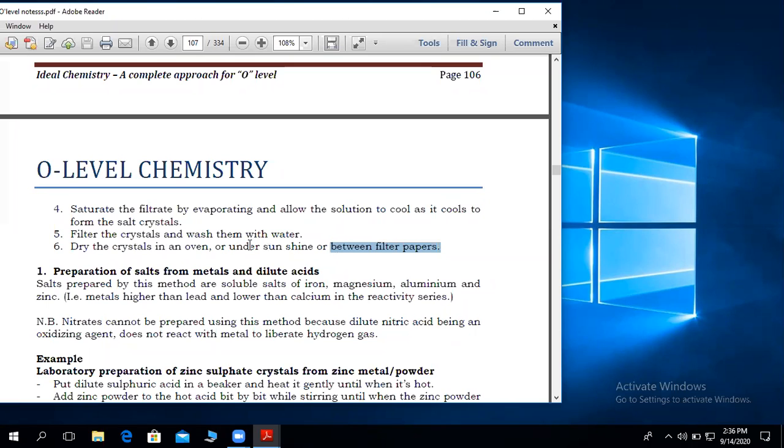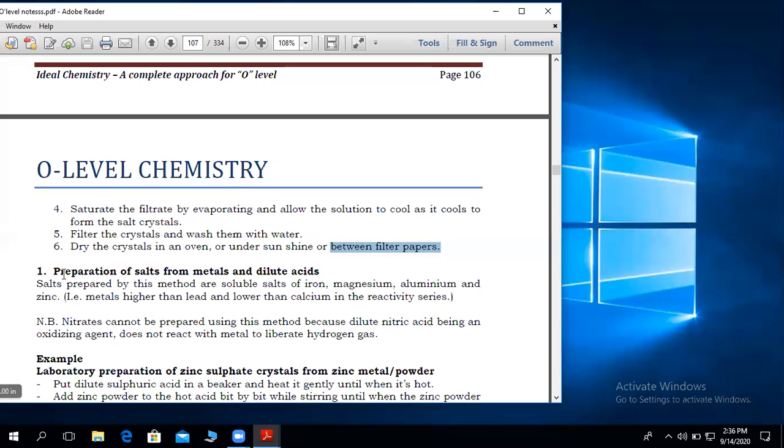We are not going to say under the sun, because what if it is raining? So you dry the crystals by pressing them, placing the crystals between two filter papers.